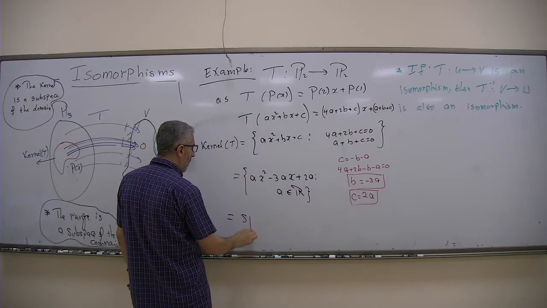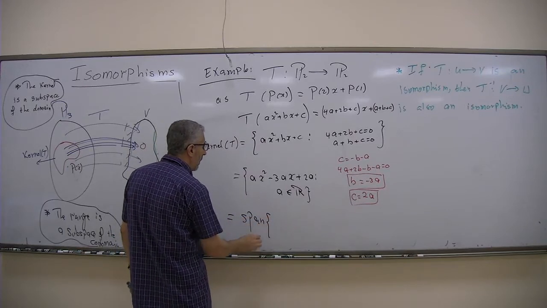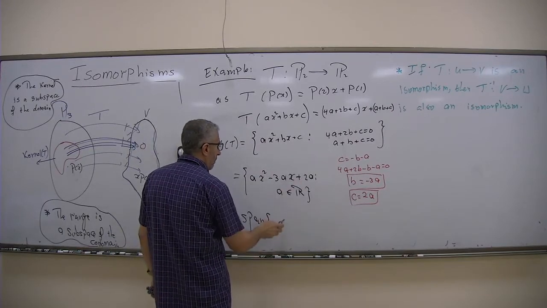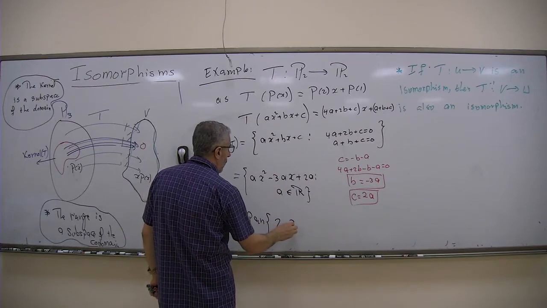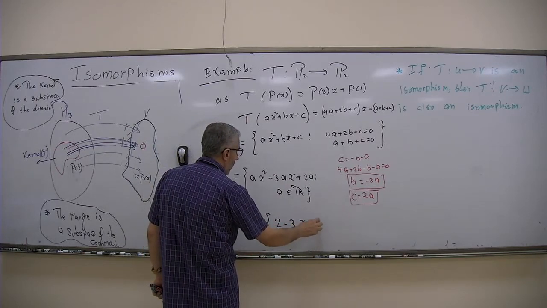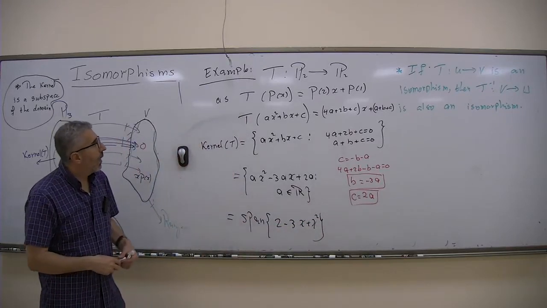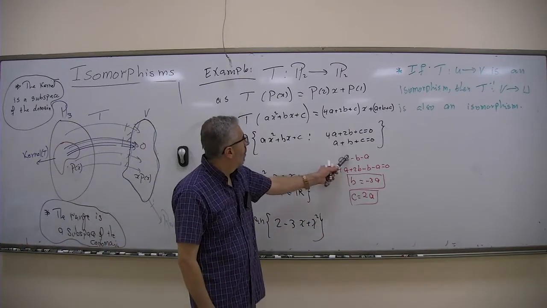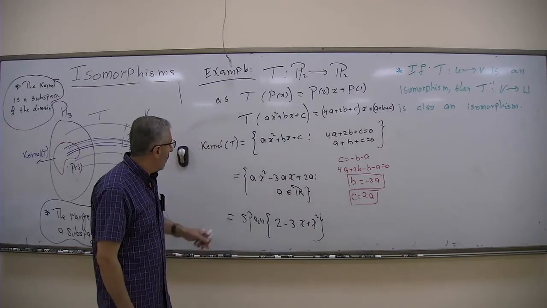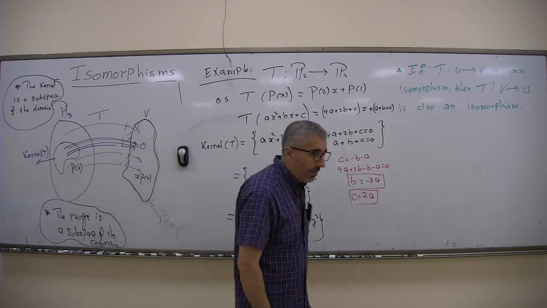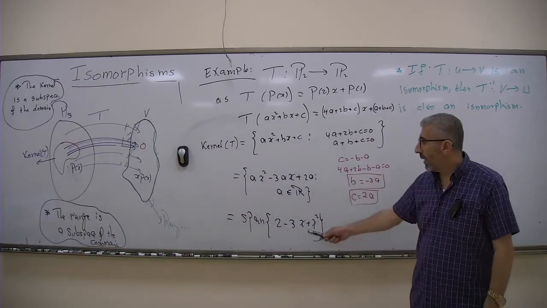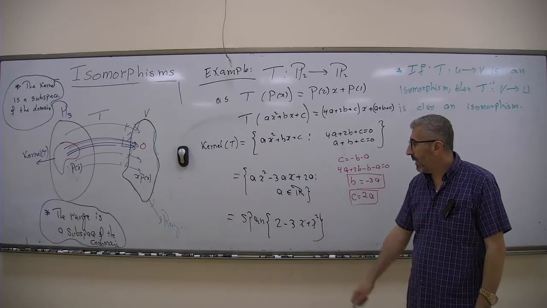This is going to be the span of 2 minus 3x plus x squared. So the span of this vector is going to be mapped to the 0 vector in the range. So here the kernel is not the trivial subspace. What is the dimension of the kernel? The dimension of the kernel is 1. So the nullity here is 1.